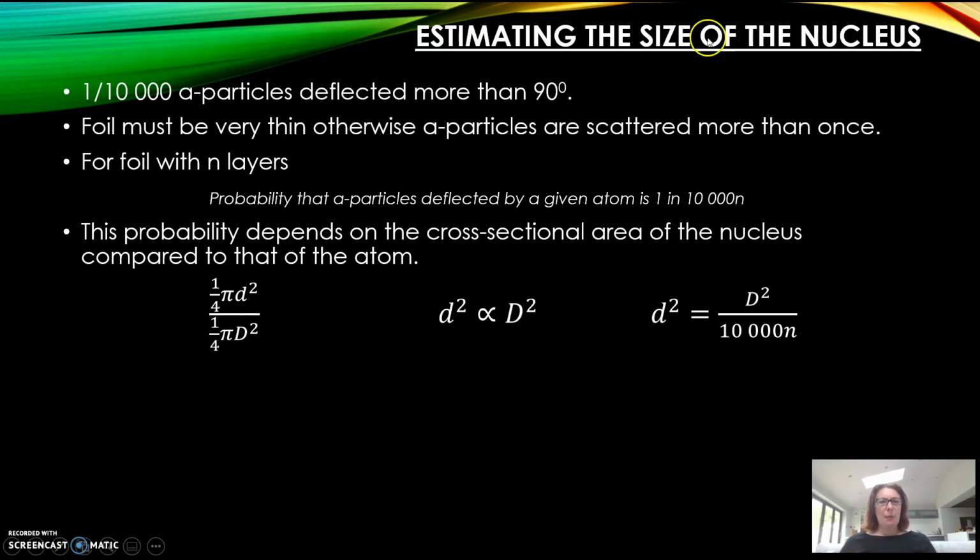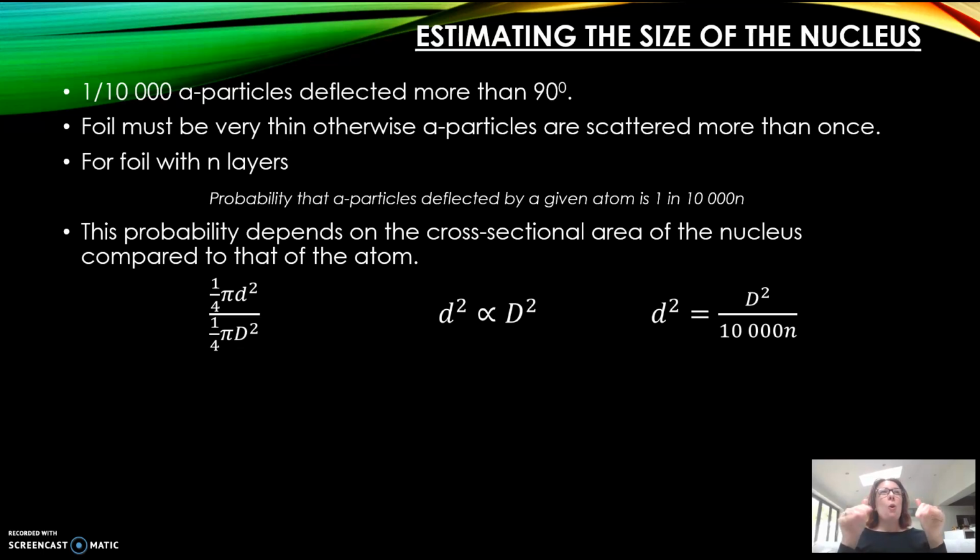An analogy for that would be, let's say that there is a wedding, okay, and the bride has one bouquet and she has 10,000 guests, okay, all lined up in a row. She then throws the bouquet. The probability that one of those people catches it will be 1 in 10,000. If you then add another layer of 10,000 people in a row, and then the bride throws the bouquet again, you now have twice as many people.